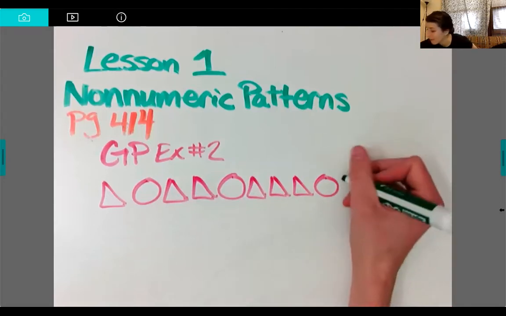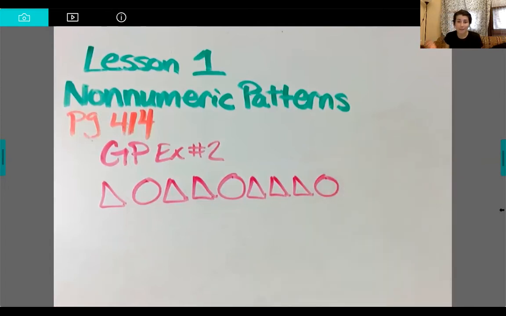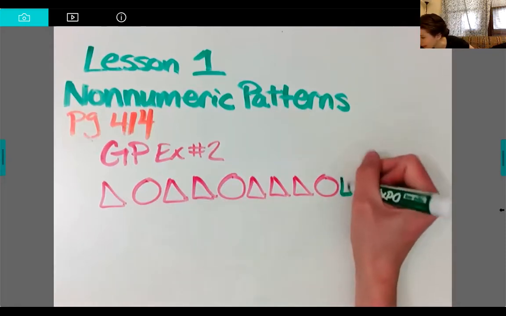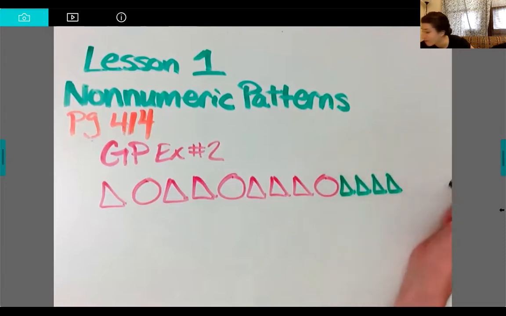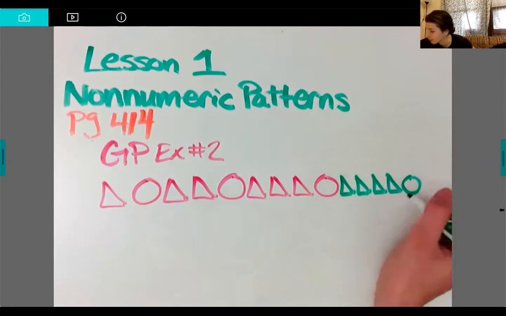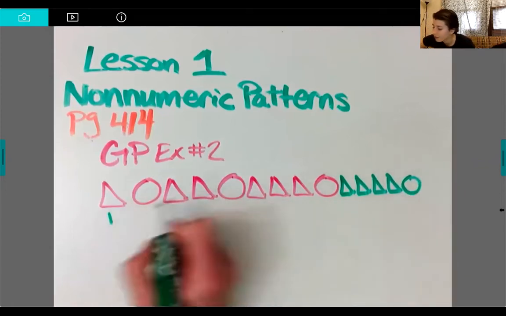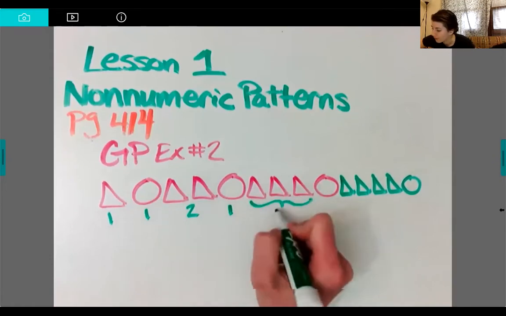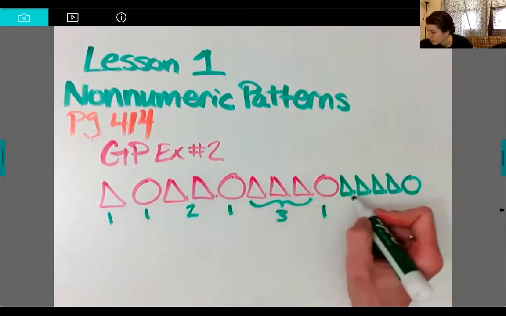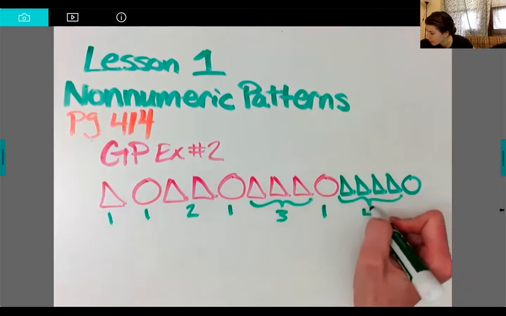So my pattern here is plus one triangle. So it's triangle, circle, plus one triangle. So I have triangle, triangle, triangle, triangle. Now I have four triangles and a circle. So one triangle, one circle. Two triangles, one circle. Three triangles, one circle. Four triangles, one circle.